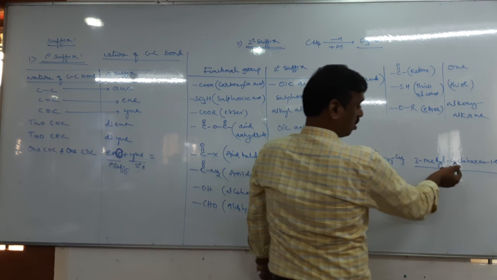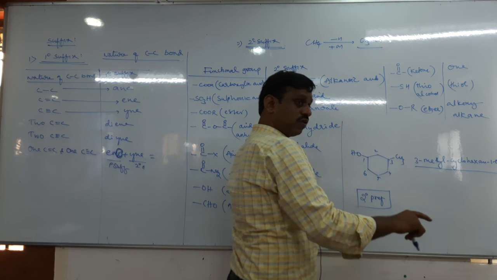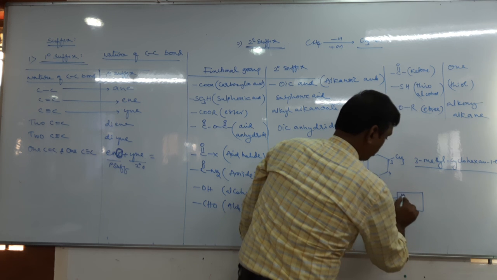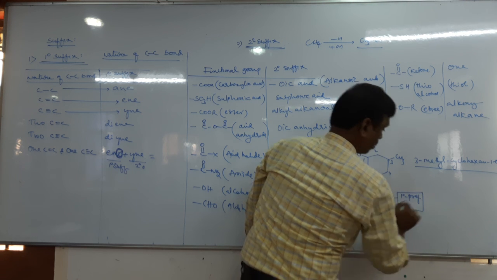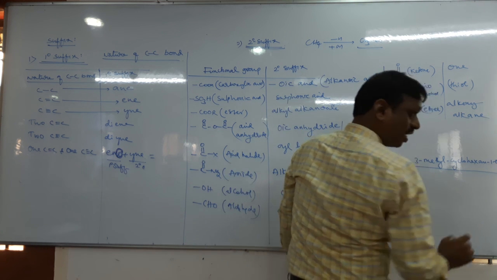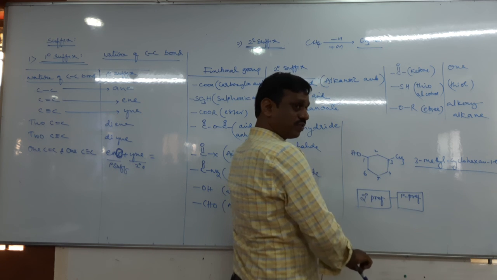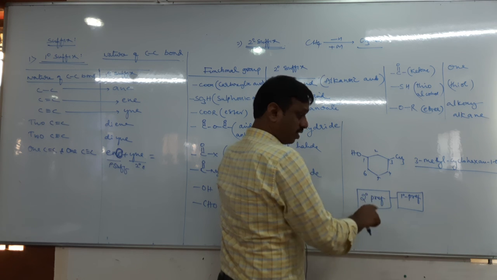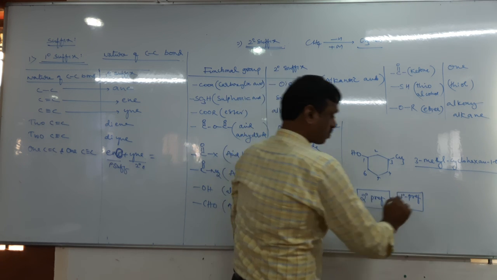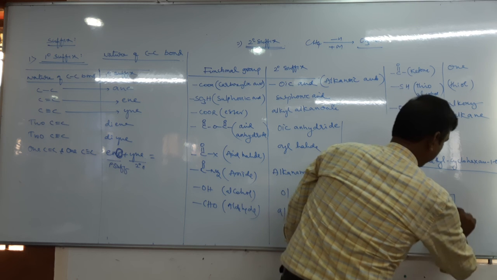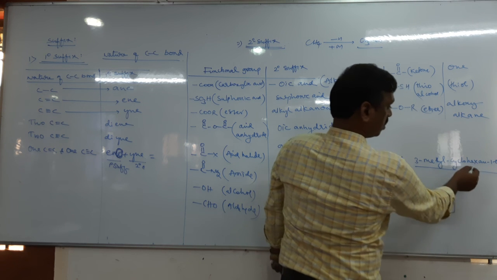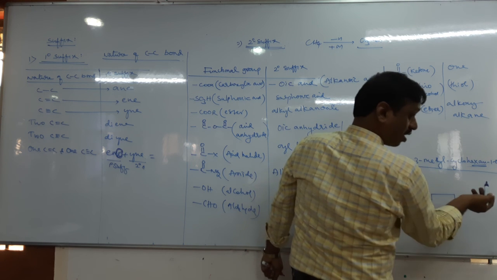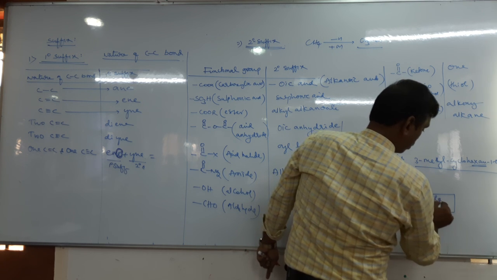Next, if there is a primary prefix, we write it after this. Once in JEE they asked a question like this, and most students get confused about which comes first. Secondary prefix comes, then primary prefix. Next is the root word, cyclohexane, cyclo then hex.